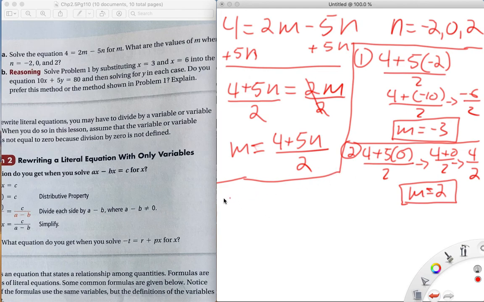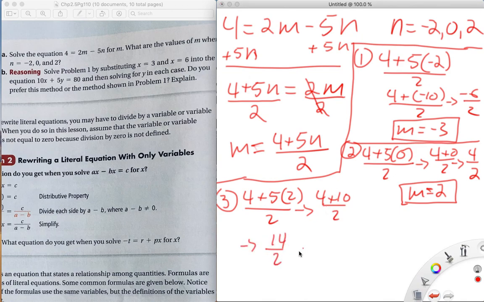And then scenario number 3 is what happens if n is positive 2. So this is 4 plus 5 times positive 2 over 2, which is 4 plus 10 over 2, which is 14 over 2, which is 7. So m equals 7.